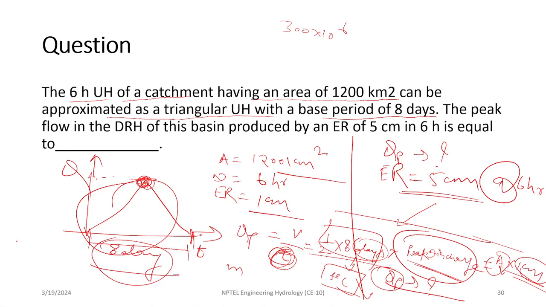Because 8 into QP into 24, it will definitely come in meter cube per second. We need to convert 1 minute. Also don't forget to convert 1 centimeter. 1 centimeter will be converted into 0.01 meters, because this is an effective rainfall.